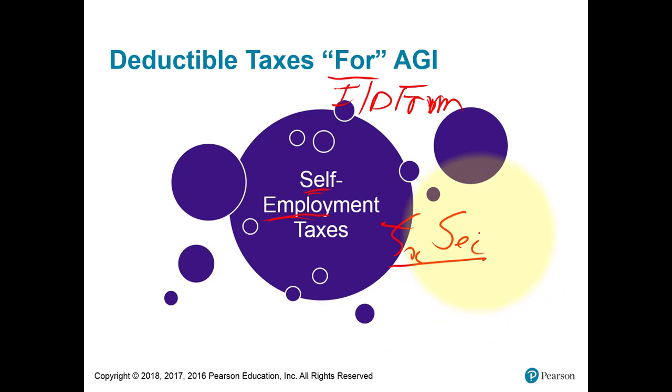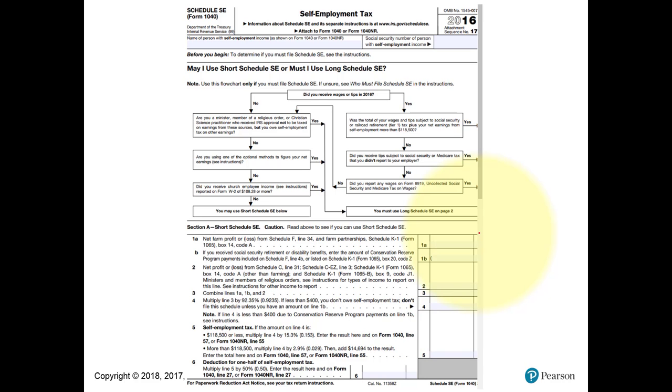And they would calculate their self-employment tax on a Schedule SE. So here's their business income, and they have to pay up to 15.3% of that net business income profits as self-employment tax.